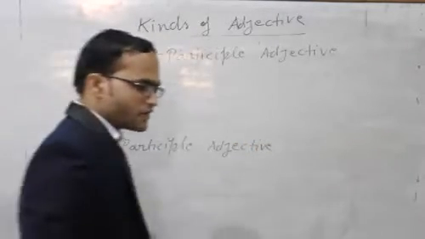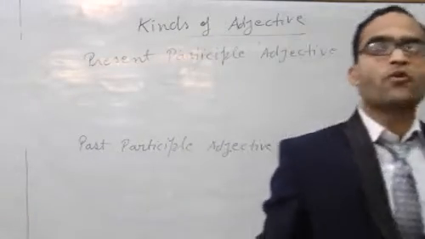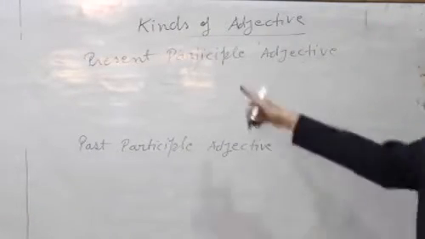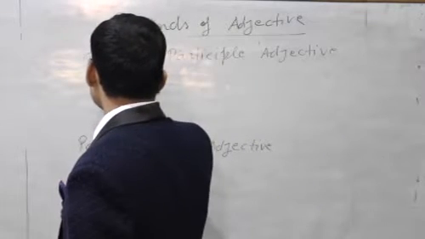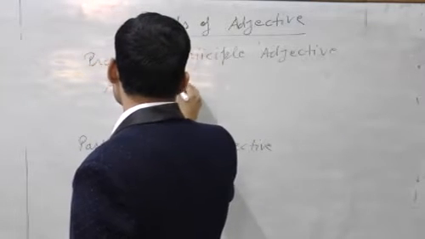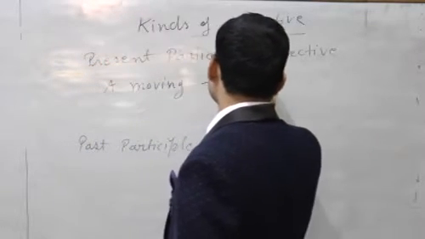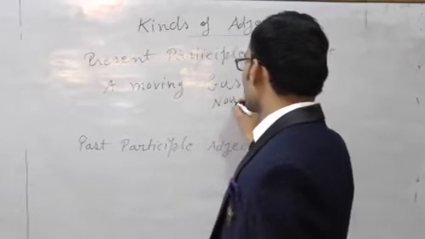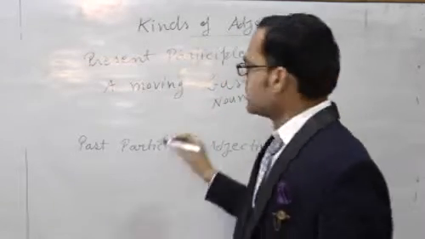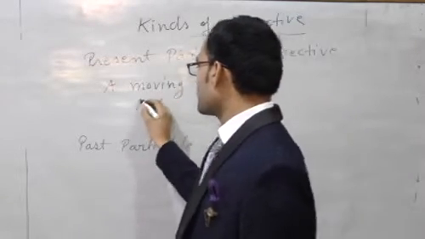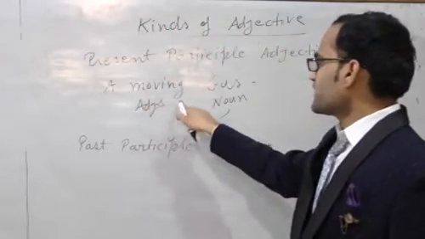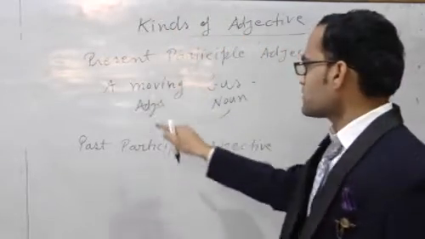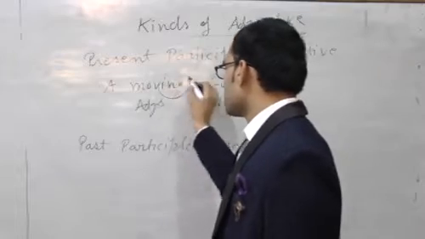Whenever the ing form of the verb is placed before the noun, that becomes present participle adjective. For example, a moving bus. Bus is a noun, and I have already told you before a noun we use an adjective. So moving is an adjective, but which adjective? Present participle adjective, because we have used ing here.